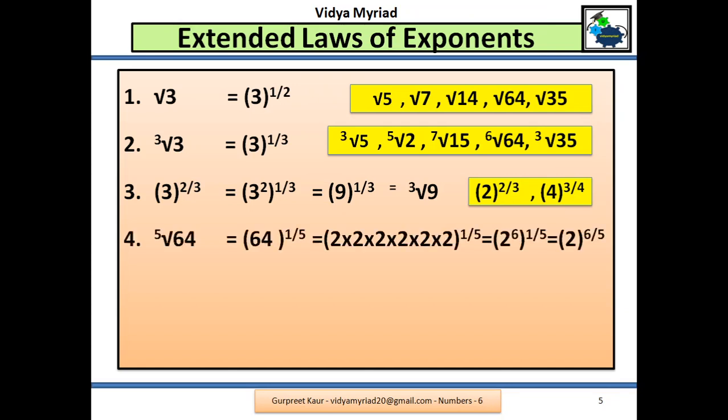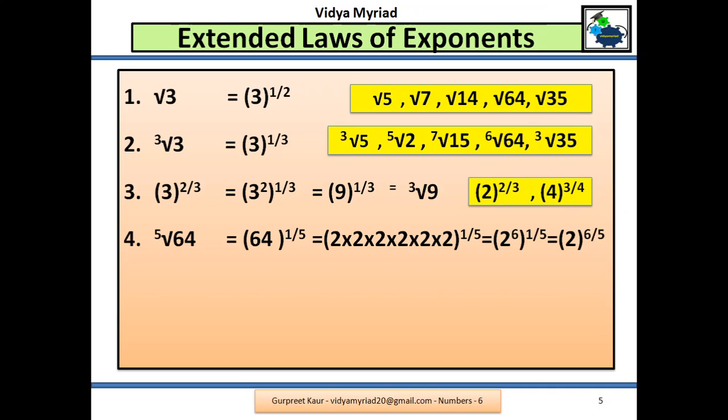Next example, now you have 5 root 64. Now here, first step, remove the root. So I will write it as 64 raised to power 1 by 5. Next, I will try to find out the factors of 64.